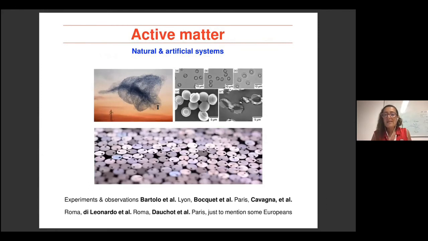So these are some examples. These are the typical pictures of the birds flying in Rome and making these nice structures in 3 dimensions in the sky. But if you go lower in scales, you have these Janus particles. Janus particles are colloidal particles which are coated in different ways on the 2 sides of the spheres.